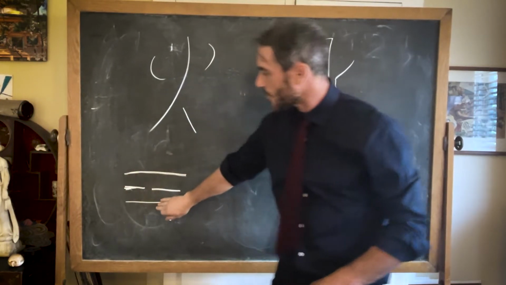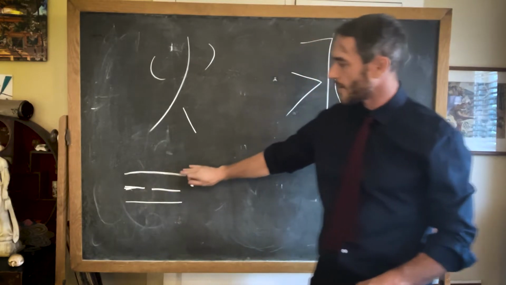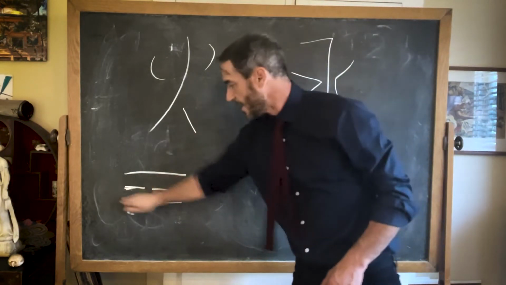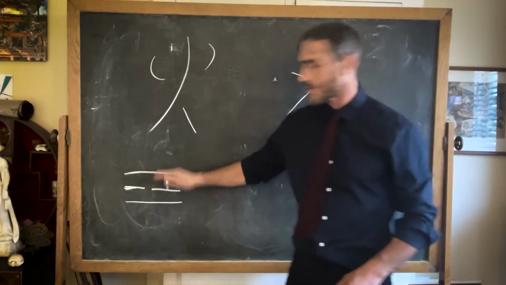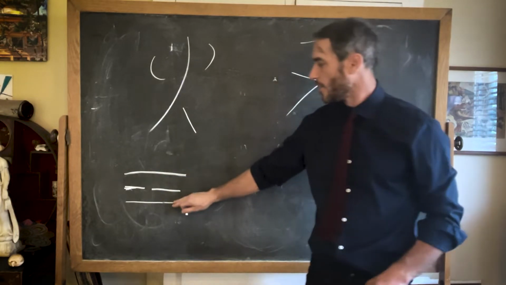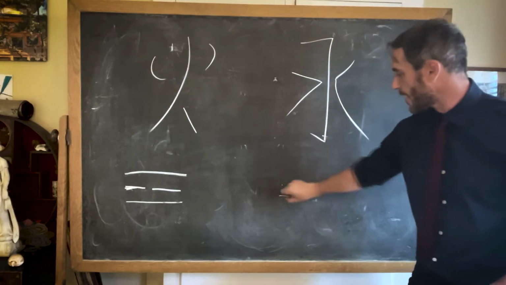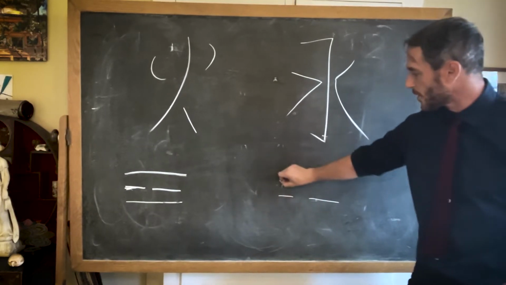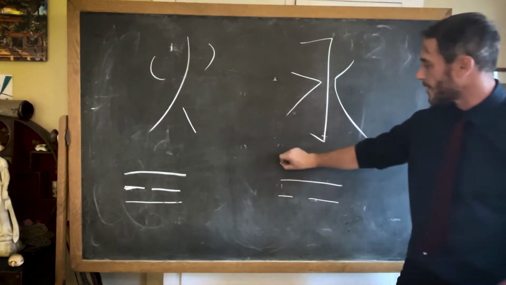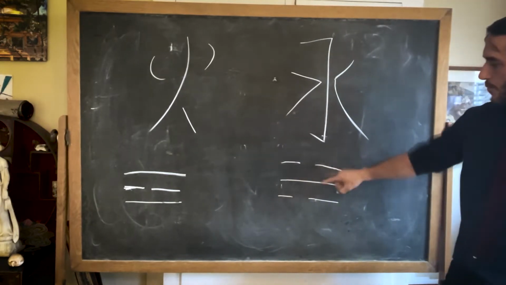A solid line at the bottom, then a broken line, and then a solid line for fire. So inside it's broken, but outside it has this yang, more solid active force. And then water is just the opposite. It has a broken line with a solid line in the center, and then another broken line.